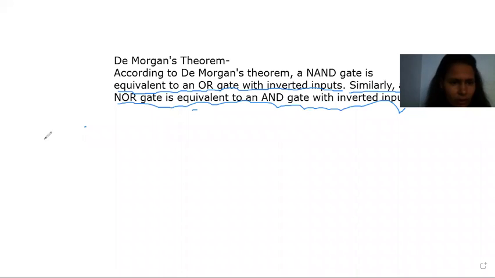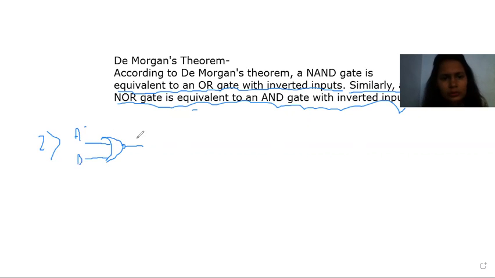So first of all, we will draw a NOR gate. This is the two input NOR gate. A and B are the inputs and output of this NOR gate will be A plus B whole bar.